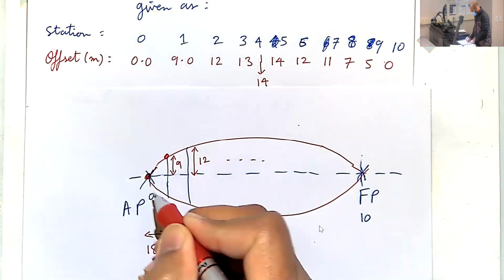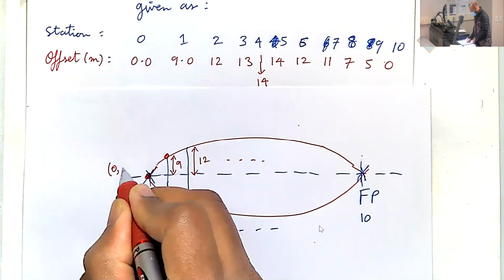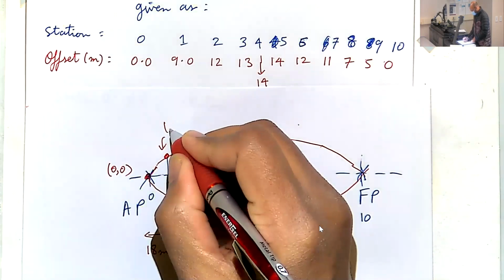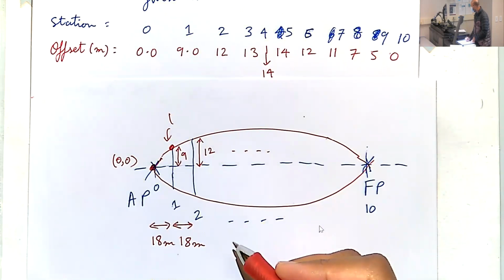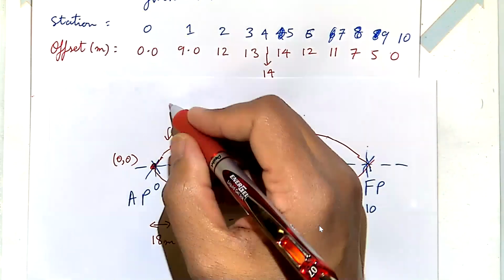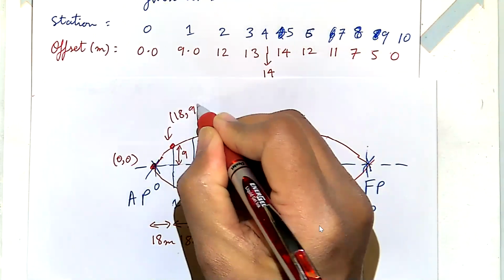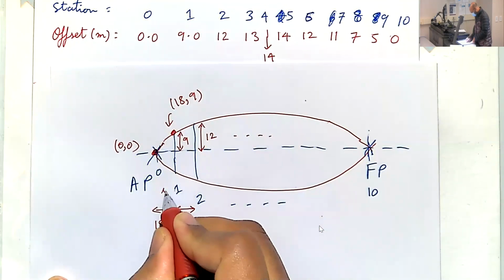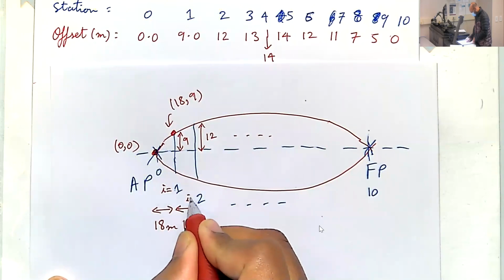Let me mark coordinate number 1. This is 0, 0. What is this coordinate? This is, what is this? 18, 9. The x value is 18. Y value is 9. This is the i, right? i is equal to 1, i is equal to 2.